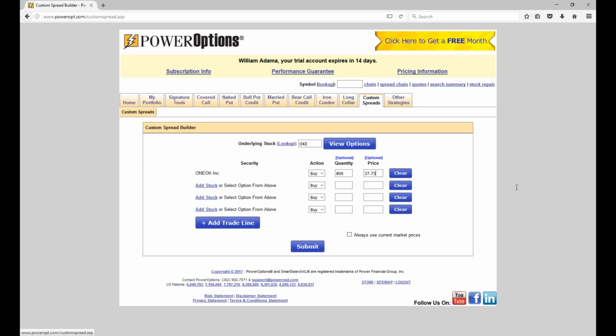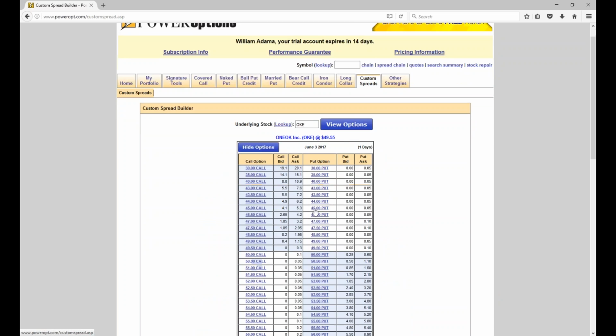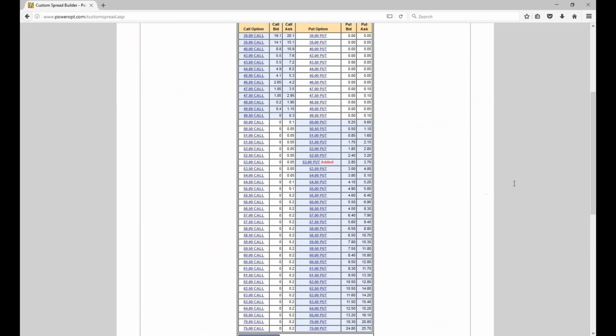And then on 5/3, he bought 8 June puts, expiring today, 53 puts. So he paid 37.73. The stock must have moved up. He bought 8 53 puts.